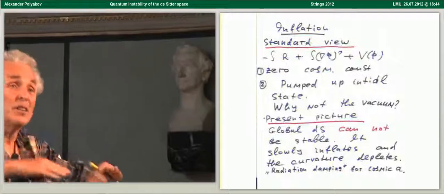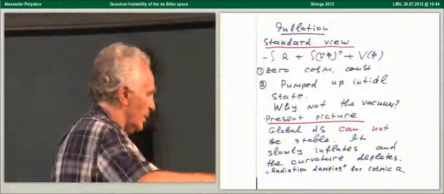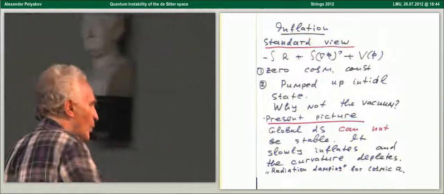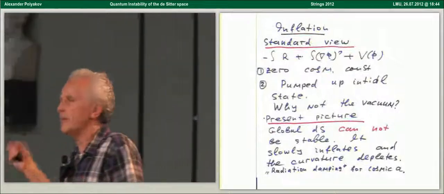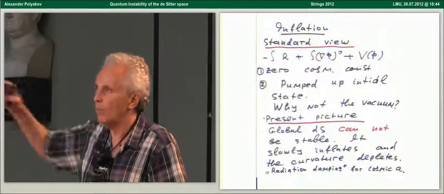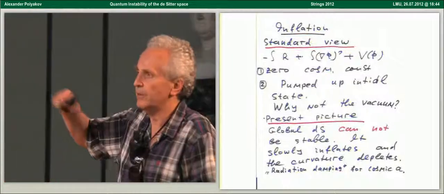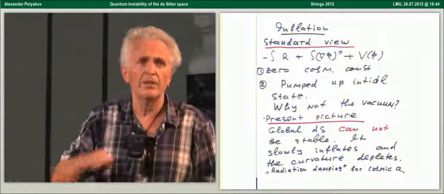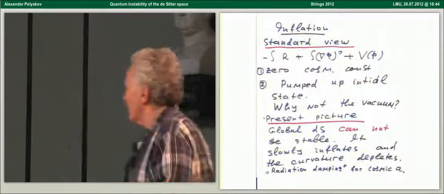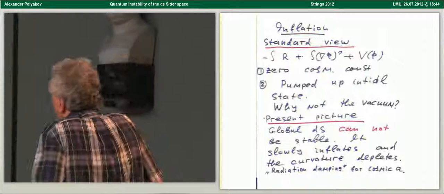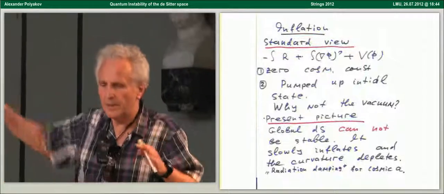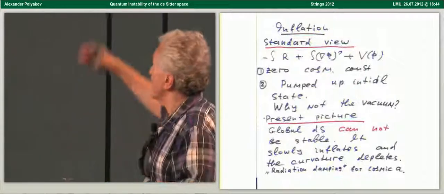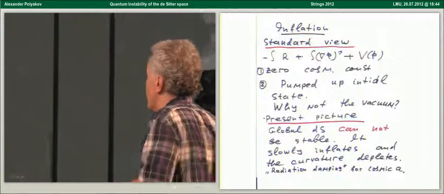The system cannot be stationary. It must evolve. So my guess is that it might be useful for some models of inflation. Instead of introducing inflatons, just look at the cosmological constant. And because I believe the instability of this thing is now proved from various angles.